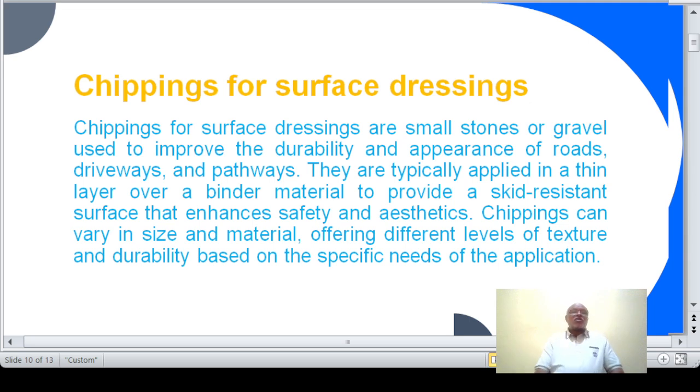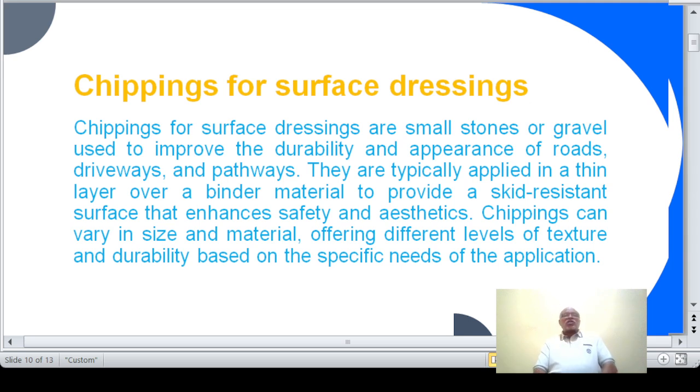In fact, the average least dimension is the average thickness of the single layer of chippings when they have bedded down into their final interlocking position. The amount of binder required to retain a layer of chippings is thus related to the average least dimension of the chippings rather than their nominal size.